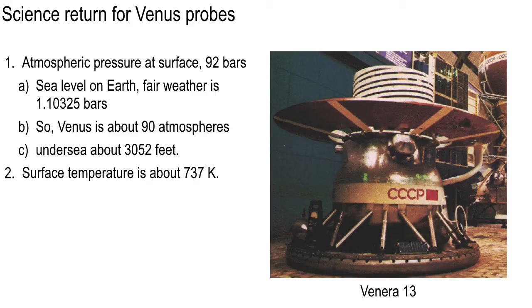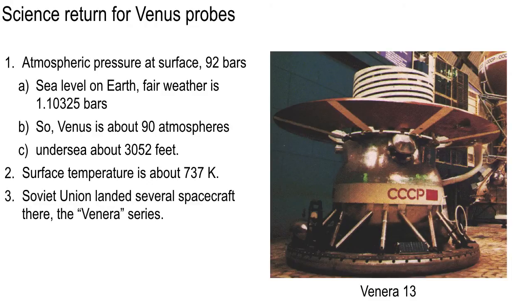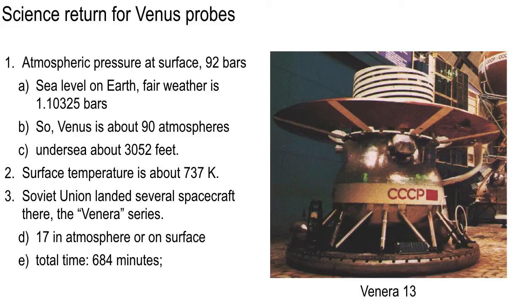I mean, you're talking way up there in temperature. So the surface temperature, 737 Kelvin, the Soviets actually landed some stuff down there. But the problem was, they got 17 of them into the atmosphere or actually down on the surface, but they only lasted a few minutes.